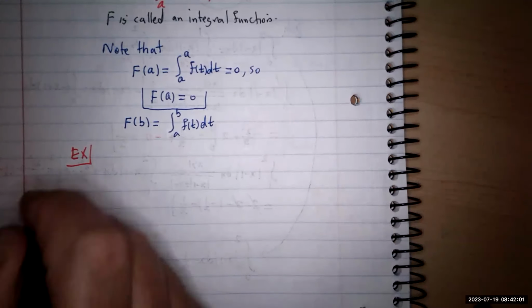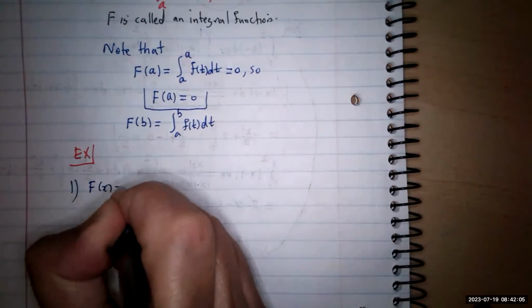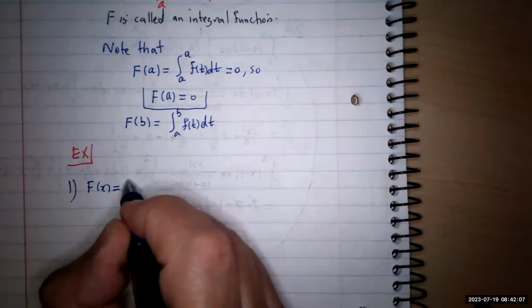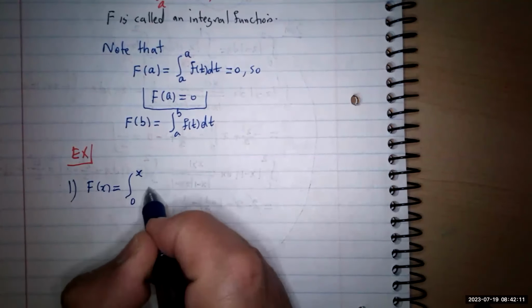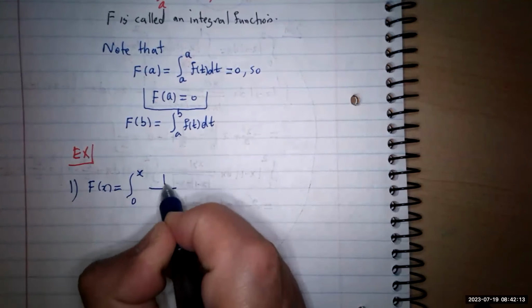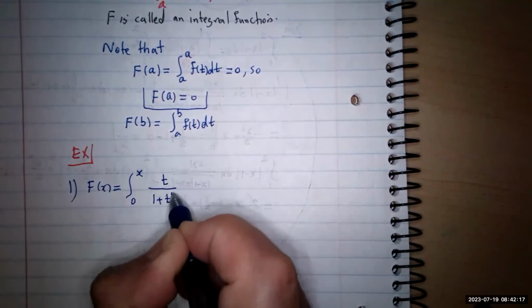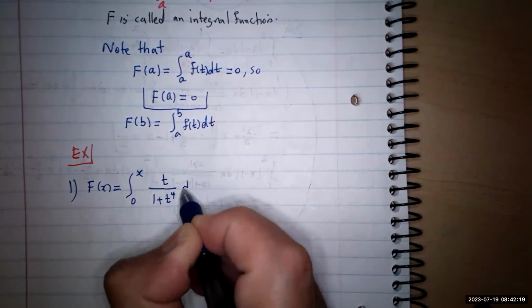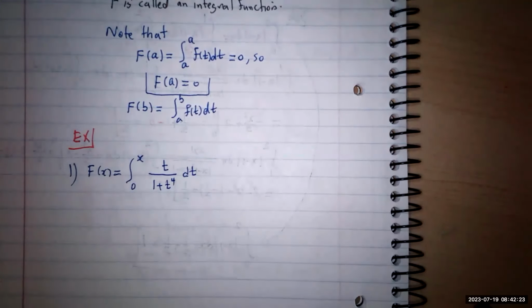The first one: F of x equals the integral from 0 to x, the top is t, the bottom is 1 plus t to the 4th, dt. Look at this one. This is an integral function.